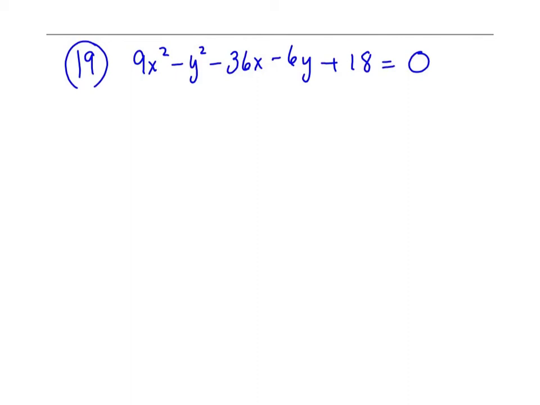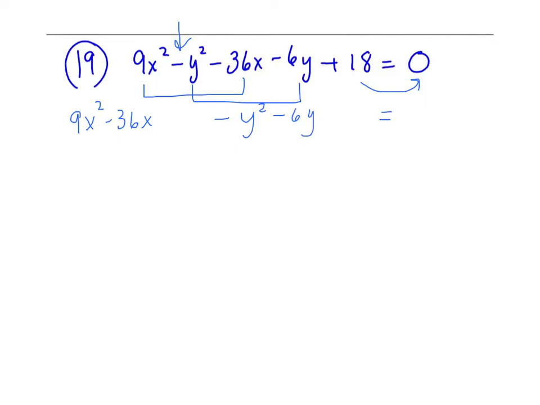The first thing, of course, that we do is that we put things in order, all right? And further, with a hyperbola, we also have to take into consideration the minus sign. So I have 9x squared minus 36x, I hope I don't run out of room, minus y squared minus 6y equals negative 18.